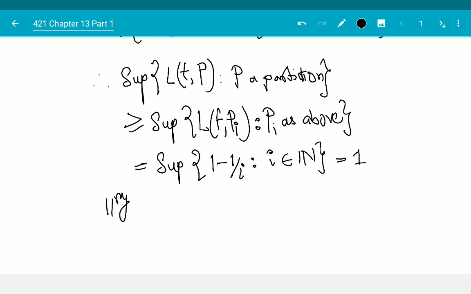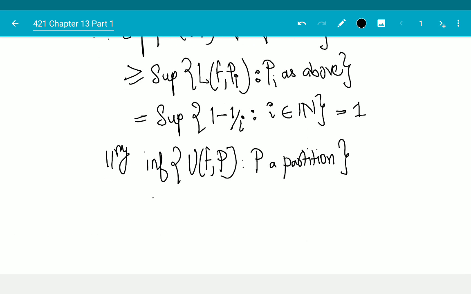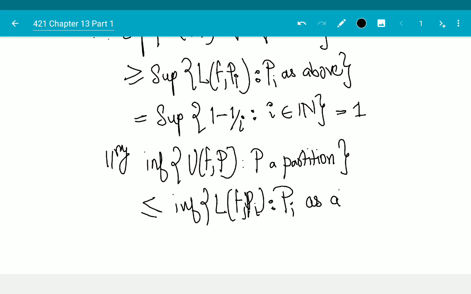Similarly, the infimum of U of f comma P over all partitions P has to be smaller than or equal to the infimum over these special types of partitions, right? If I'm looking at only special types of partitions, I'm looking at a subset, so this better be true, P as above.